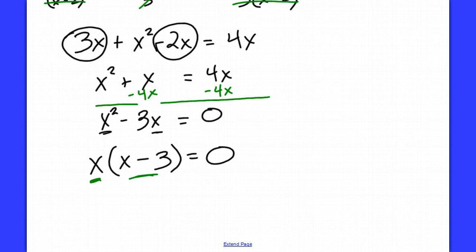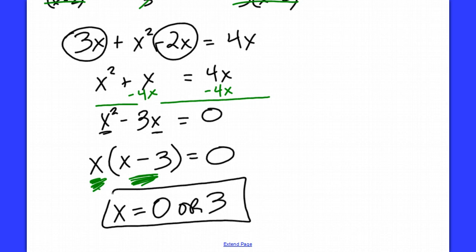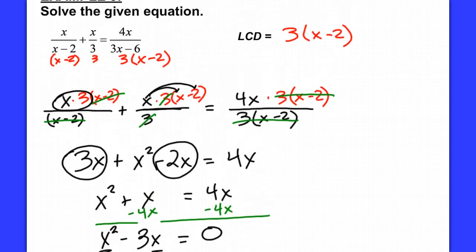To solve this, we get the values that would make either factor equal to 0. Well, this x would turn to 0 if x was equal to 0. This x minus 3 would turn to 0 if x was equal to 3. So we get our solutions, x is equal to 0 or 3. We should go back and double check.